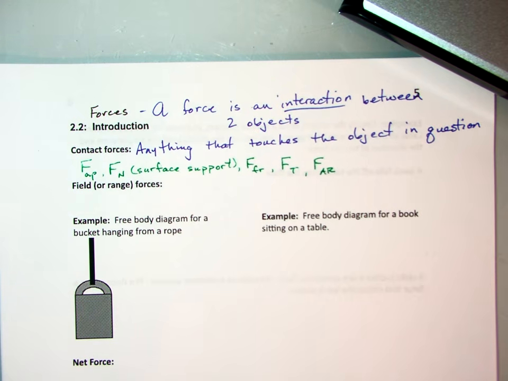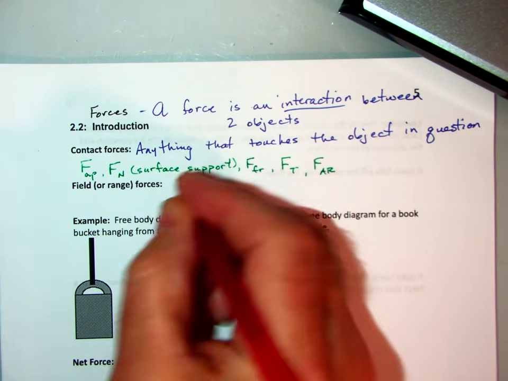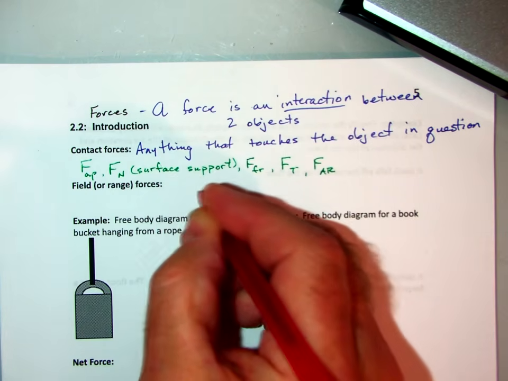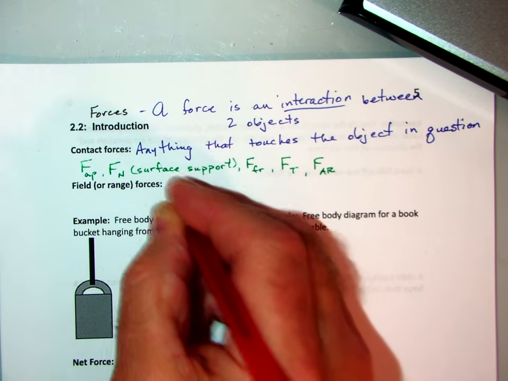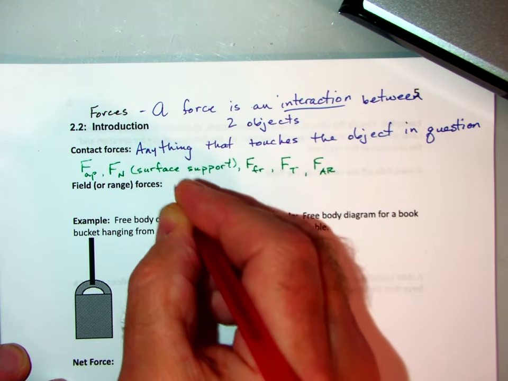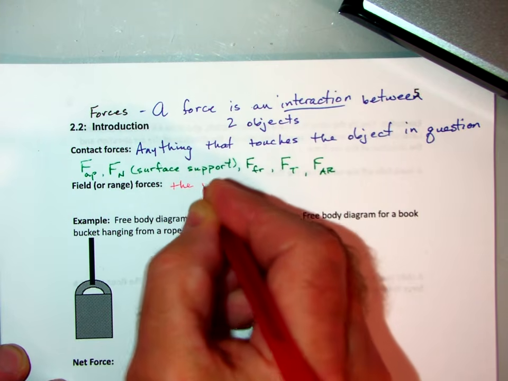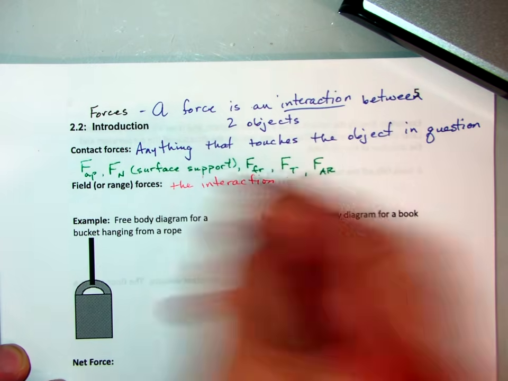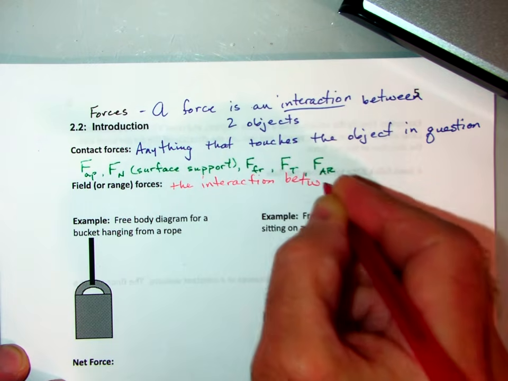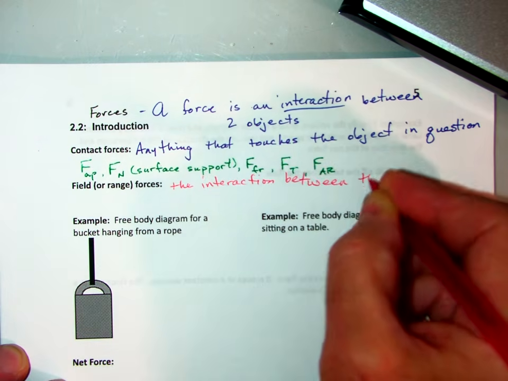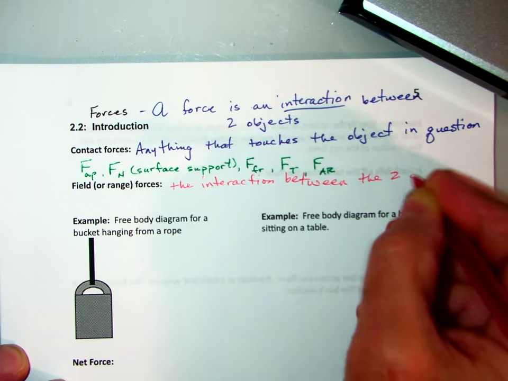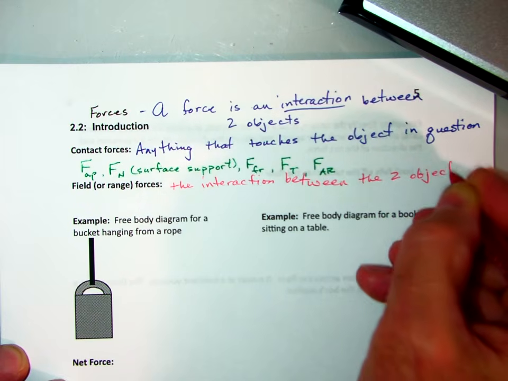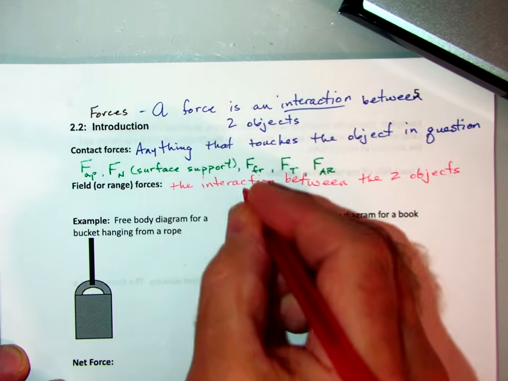In contrast to the bevy of contact forces, we have field or range forces. This is where the interaction between the two objects does not involve contact.